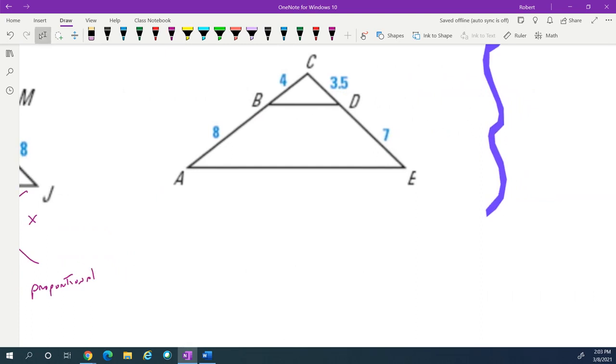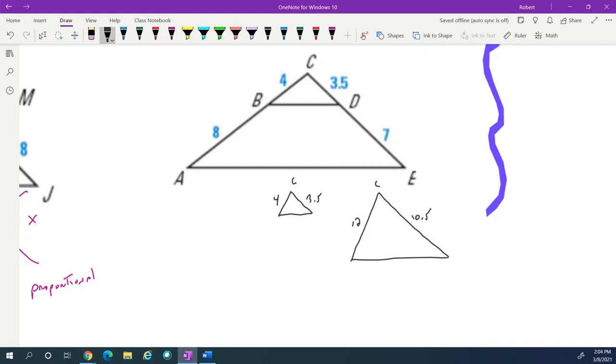In our next example here, what I might want to do is draw this as two separate triangles. So I have the little triangle, 4 and 3.5, and then I have the big triangle, 12. I got to add the two segments together.